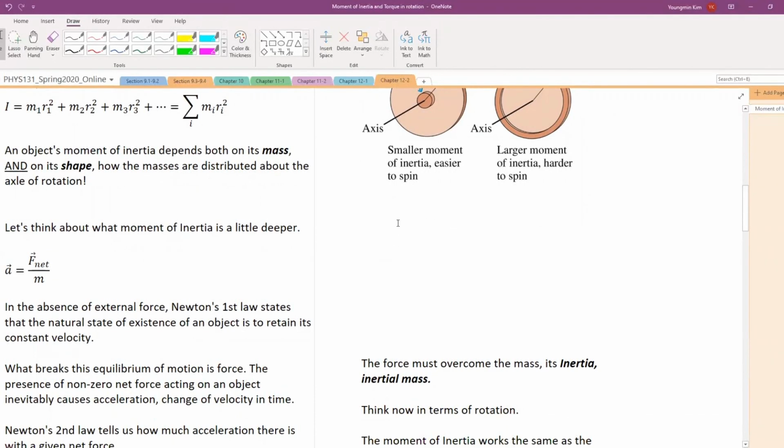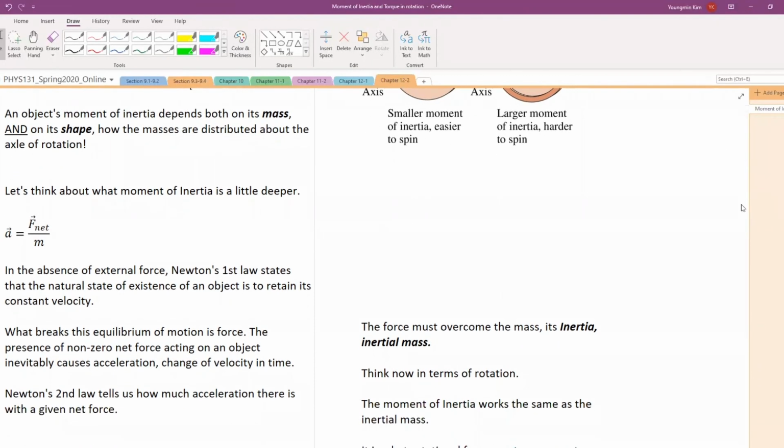I want you to go back to the laws of motion, Newtonian laws of motion. In the absence of external force, Newton's first law states that the natural state of existence of an object is to retain its constant velocity. And in terms of Newtonian motion, being at rest or moving with a constant velocity is essentially the same motion.